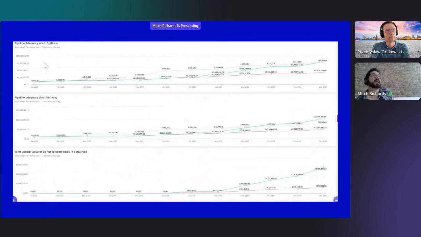And then you've got your pipeline adequacy, and this is probably my favorite report. So pipeline adequacy essentially tells you the difference between what your sales quota is, what your target is, what the size of your pipeline would allow you to achieve if you closed 100% of everything that's in your pipeline.